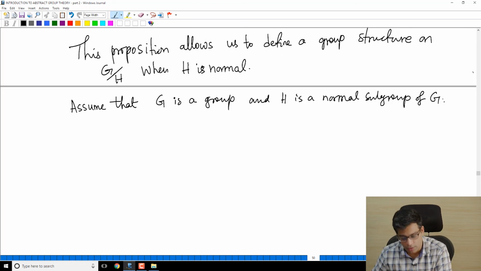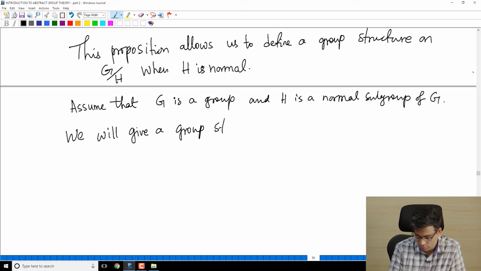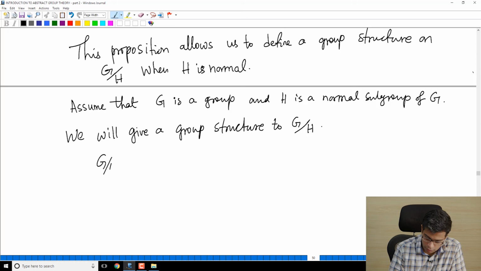I'm going to assume that I'm always dealing with a normal subgroup of a group G. Then we will give a group structure to G mod H.